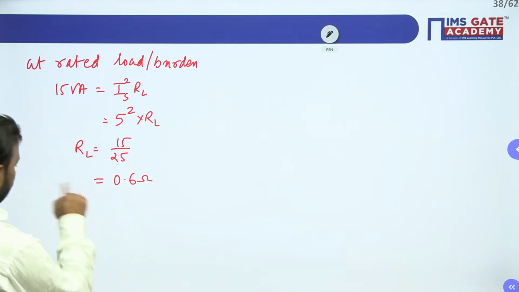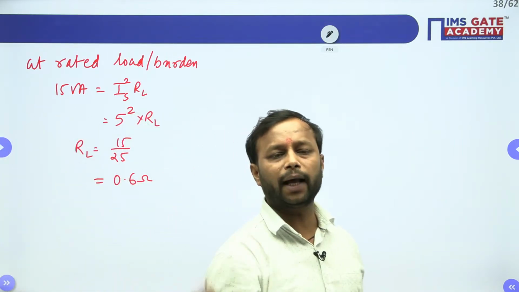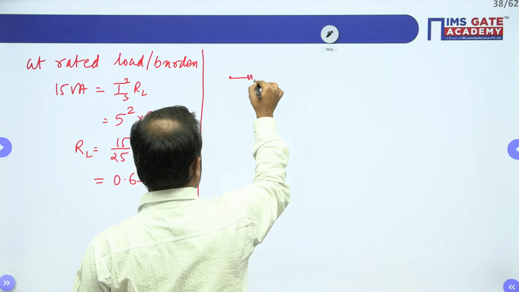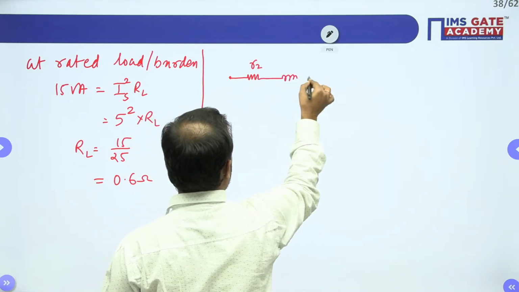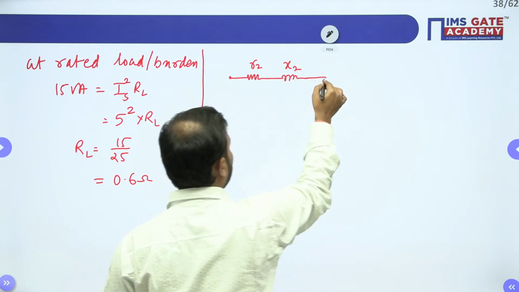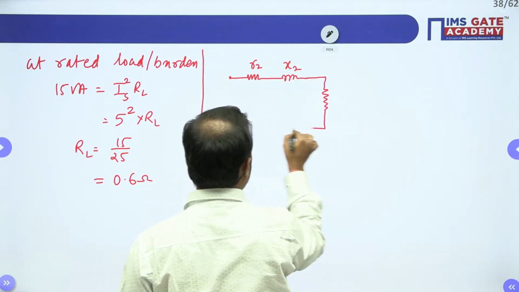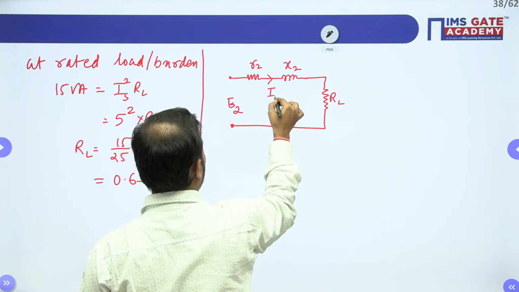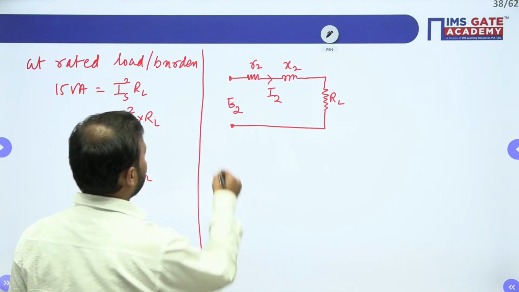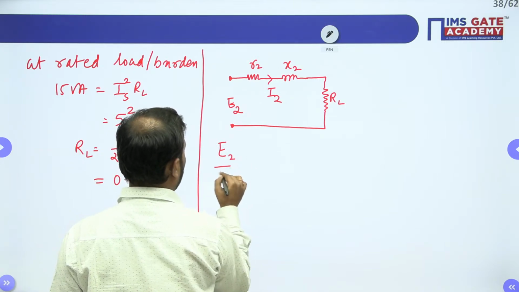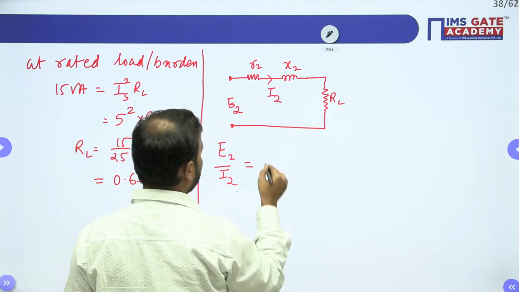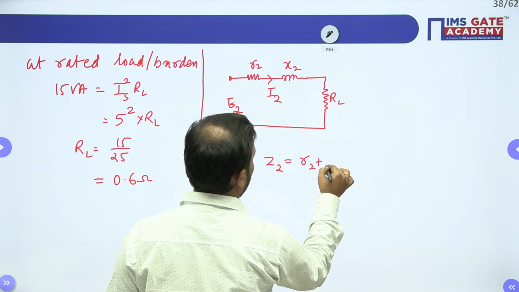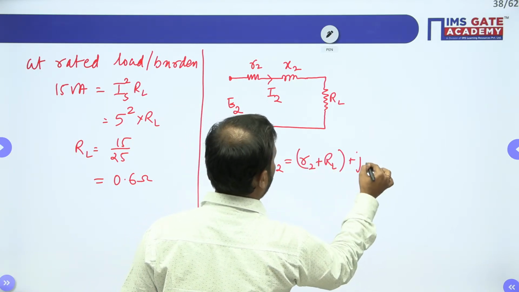Now if you talk about the overall impedance at the secondary side, this is small r2, this is small x2, that is the winding impedance, and the load is resistive, RL. Here we have E2 and I2. E2 by I2 is the overall impedance, let us say Z2. Z2 is r2 plus RL plus jx2.